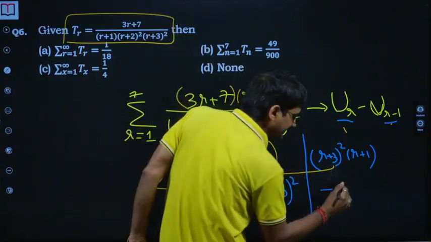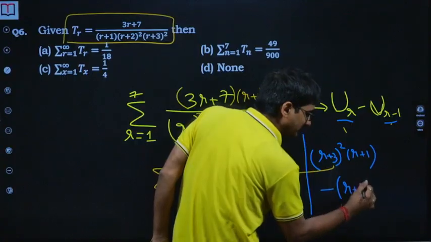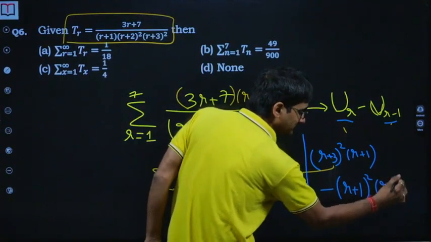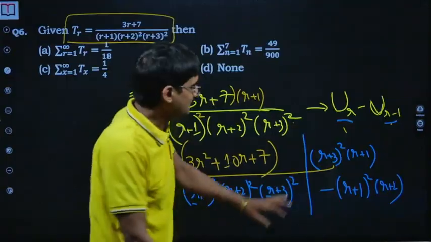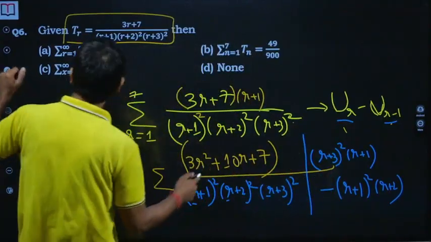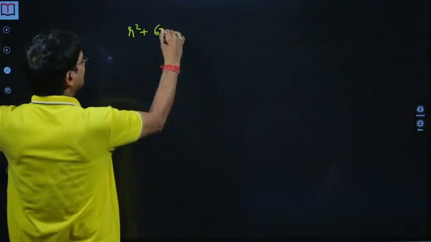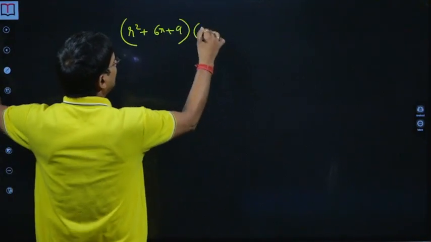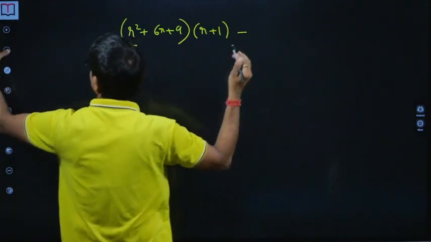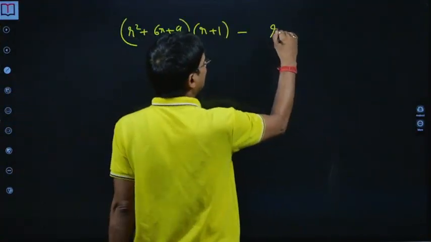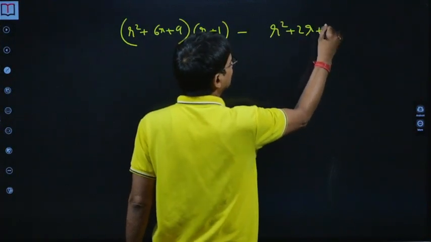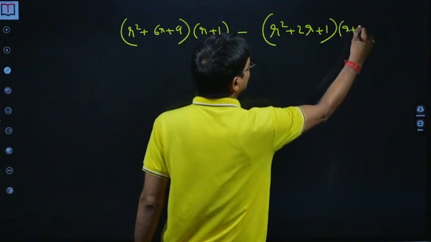So that means the next one I took as r plus 1 whole square into r plus 2. Okay, now let's try this. Do I get the numerator or not is the question. So it is r plus 3 whole square, r square plus 6r plus 9 into r plus 1, minus r plus 2 whole square, rather r square plus 2r plus 1, r plus 1 whole square into r plus 2.